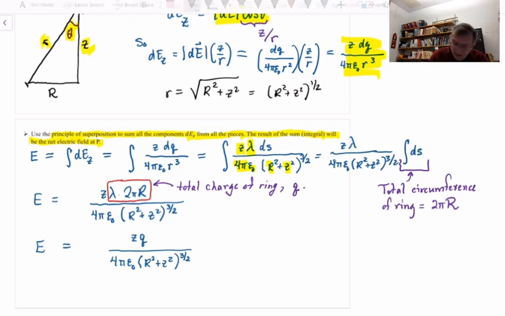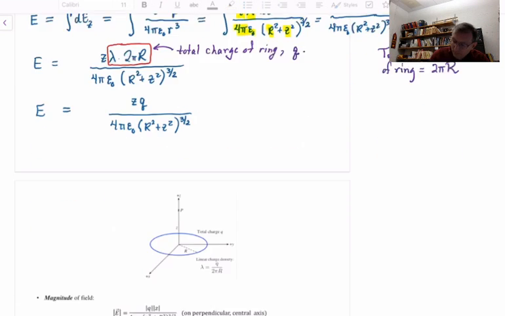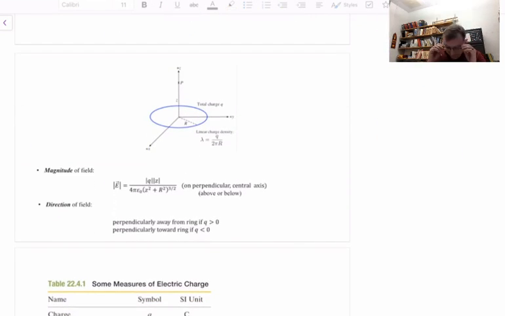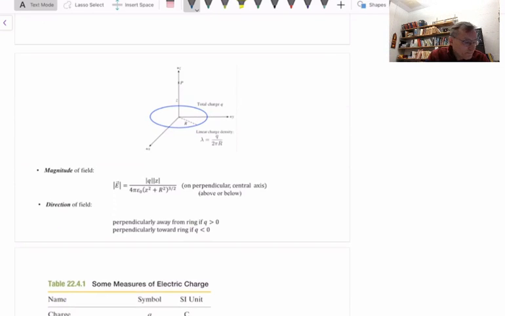So then here's the result in a picture with some equations. Okay, there's a picture of the ring again. It centers at the origin. It's in the xy plane.